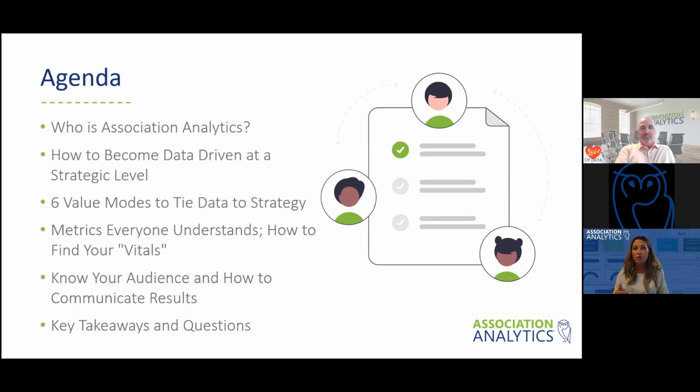So we're going to show you how to find your vitals as an association, to know your audience, and how to communicate the results of the data and findings and insights. We'll wrap it up with some key takeaways and questions. Please, throughout, make sure you change the chat to all panelists and attendees if you haven't already, because we want this to be interactive. We're happy to answer questions throughout and take the discussion and conversation in whichever direction interests you the most.